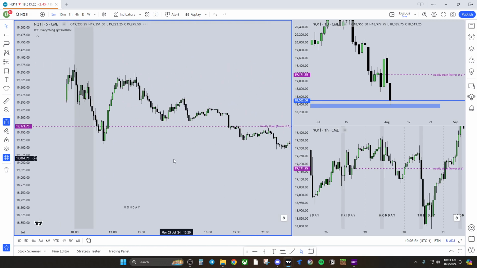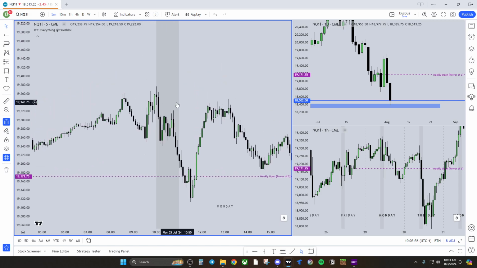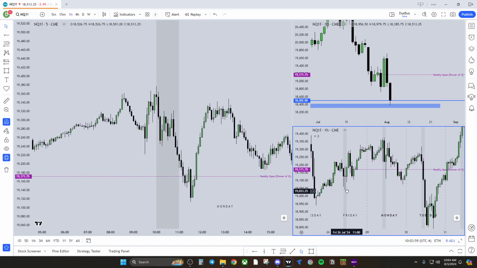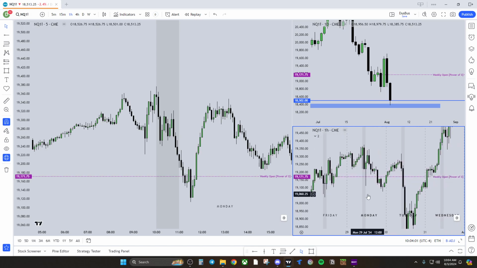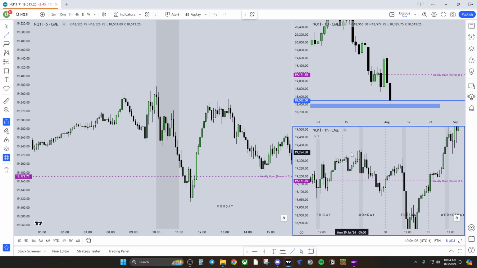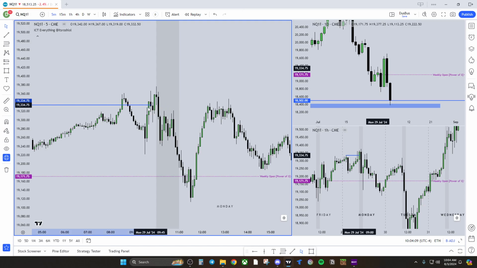So on Monday, go to the hourly. We take buy stops on the hourly. And then I see my model inside 10 to 11, this fair value gap with a market structure shift.